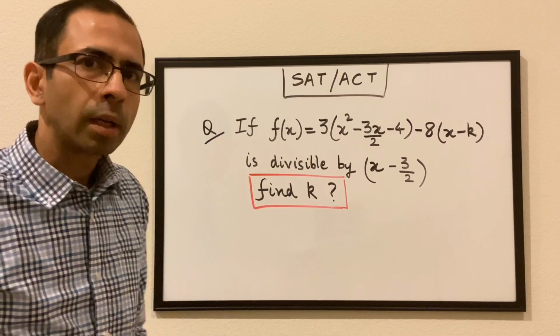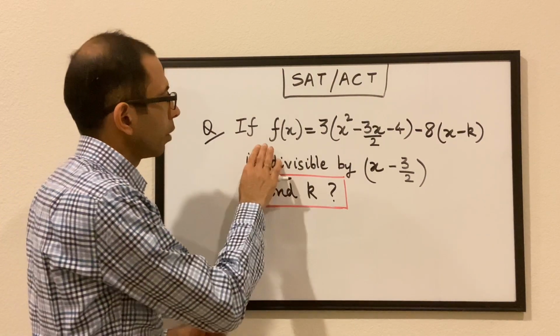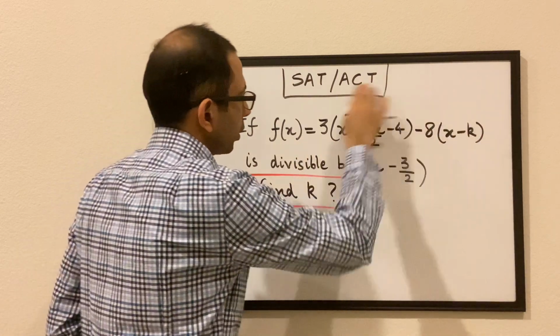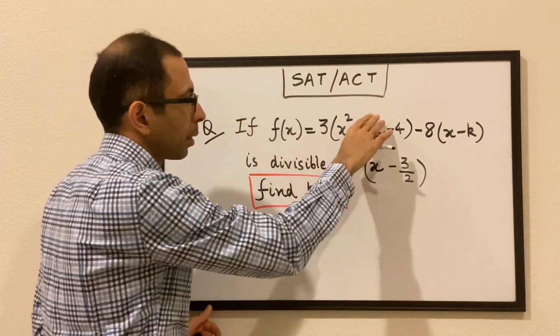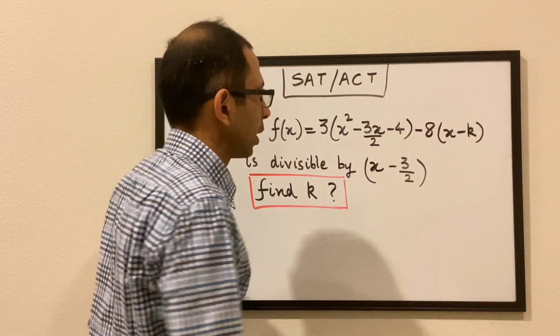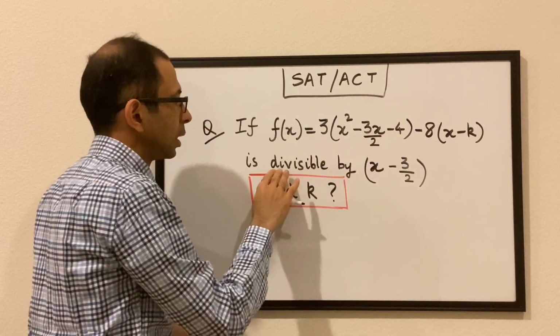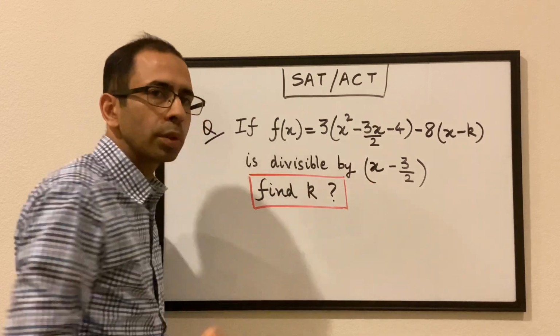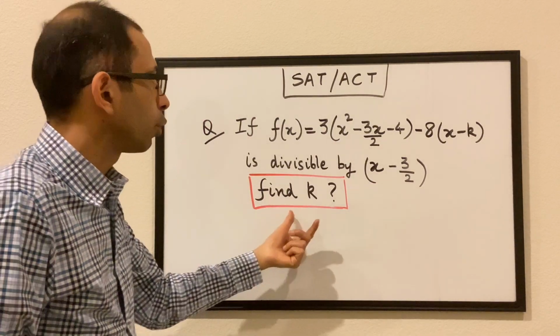Okay, let's take one last question here. So if f(x) is given by this function, 3 times x square minus 3x over 2 minus 4 minus 8 times x minus k, this whole function, if this function is divisible by x minus 3 over 2, right, we have to find the value of k.